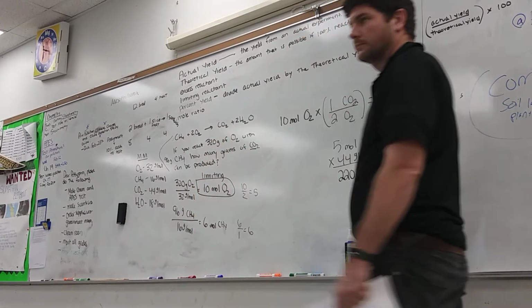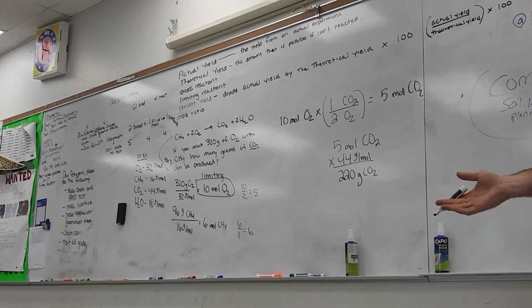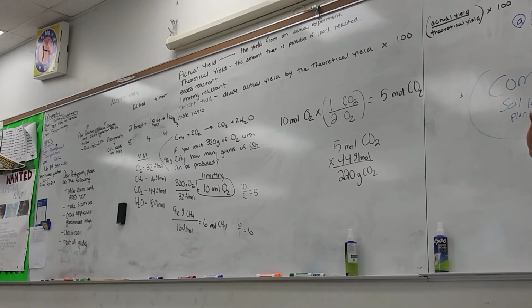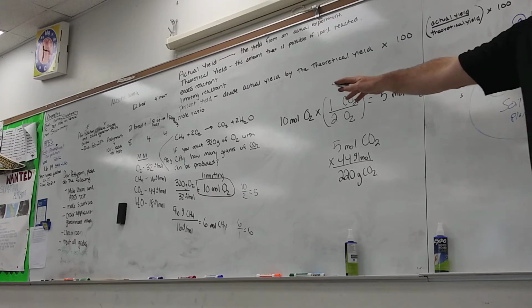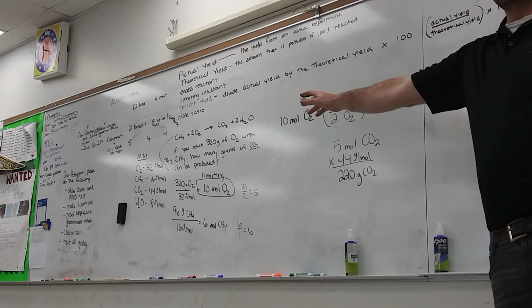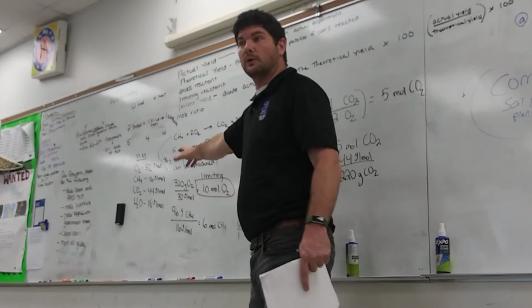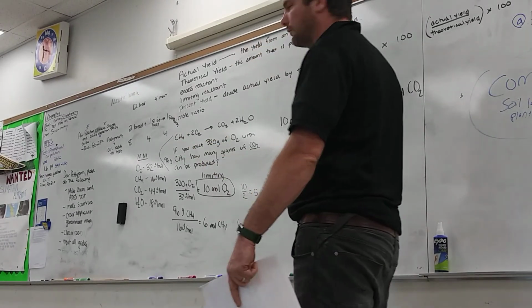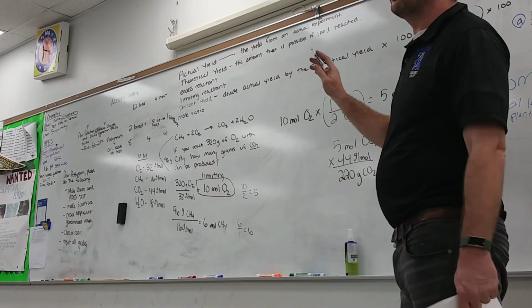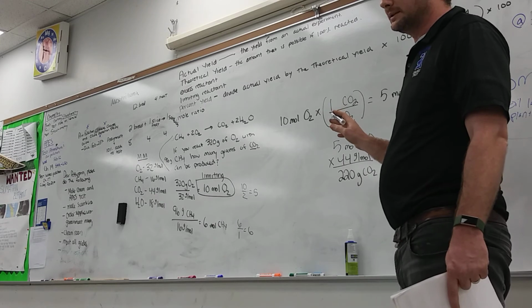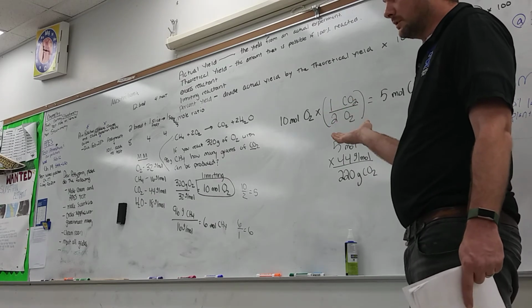Okay. Now what if I asked you, how much excess is left over? Well, O2 is gone, right? It's the limiting reactant. But what about the thing that you had extra of? Okay? Did we have extra? You had extra CH4, because not all the CH4 reacted. Isn't it true that only 5 moles of CH4 reacted? Yeah, because it has to follow that ratio, right?